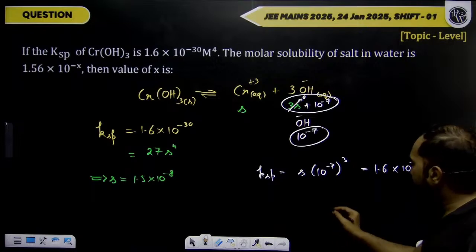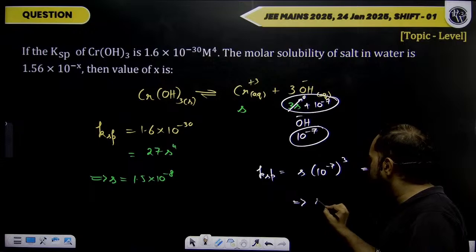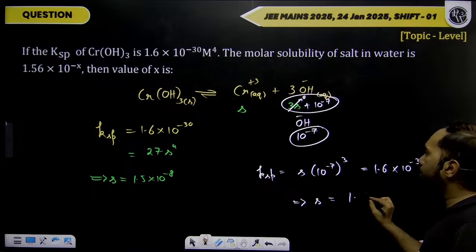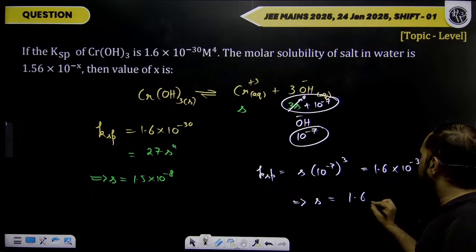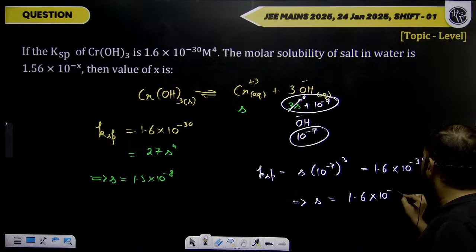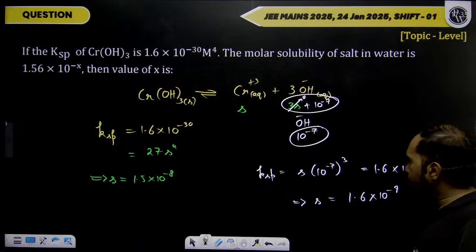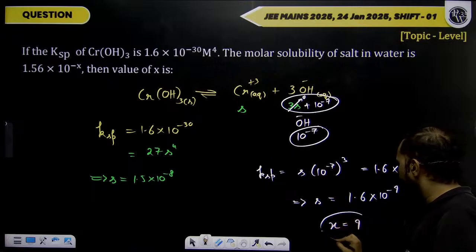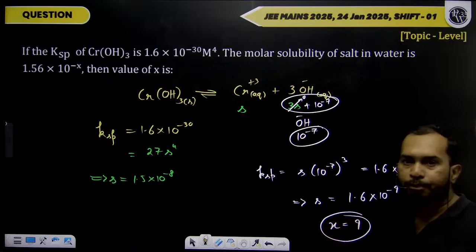So from here you will get the value of S, the solubility of chromium hydroxide in water, which is 1.6 into 10 to the power minus 9. Compare those terms, you will see that x is equal to 9. So the answer will be x is equal to 9.